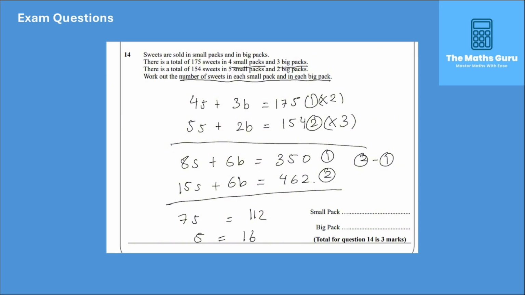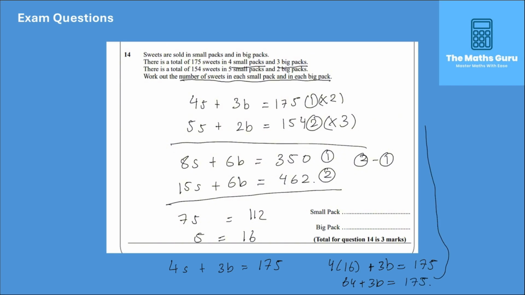Meaning that s is equal to 16. Pulling one of our original equations out, we have 4s plus 3b equals 175. Plugging in our value for s, we get 4 times 16 plus 3b is equal to 175. So 4 times 16 equals 64. So 64 plus 3b is equal to 175.